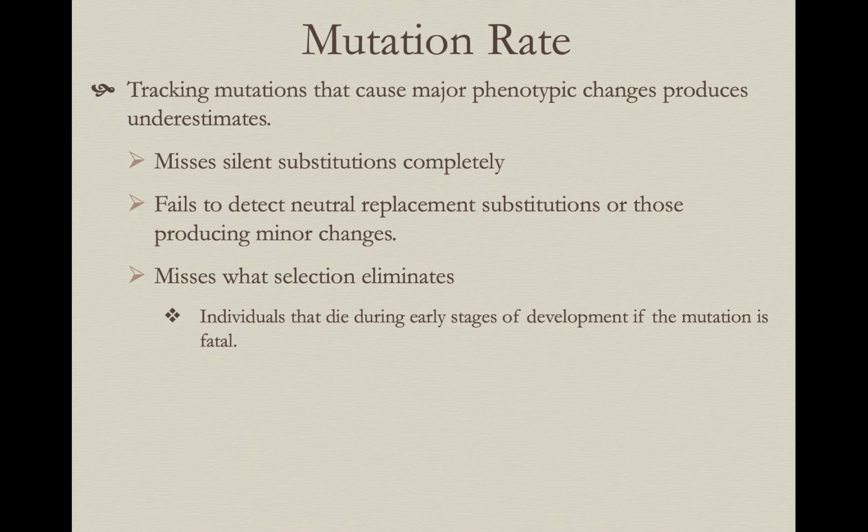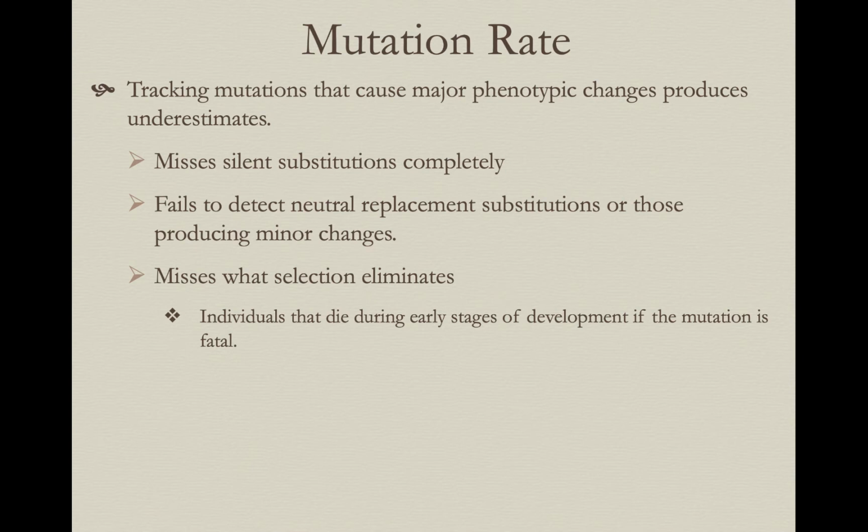And even if it does make a minor phenotypic change, if it's something on the scale of my hair example, in which your hair is just slightly more brittle because you had one amino acid changed in one hair protein, the gene for production of hair proteins, you're probably going to miss that too, right?